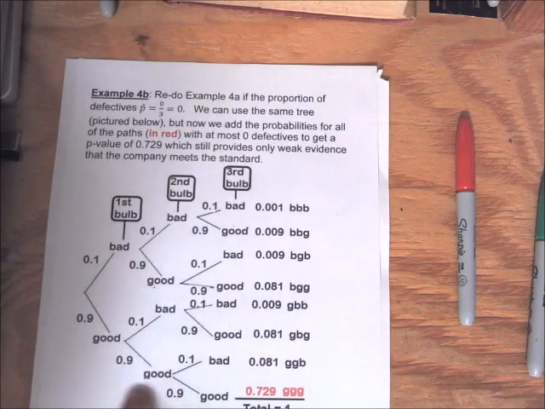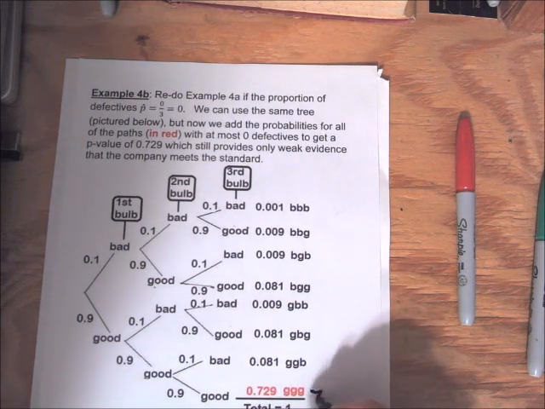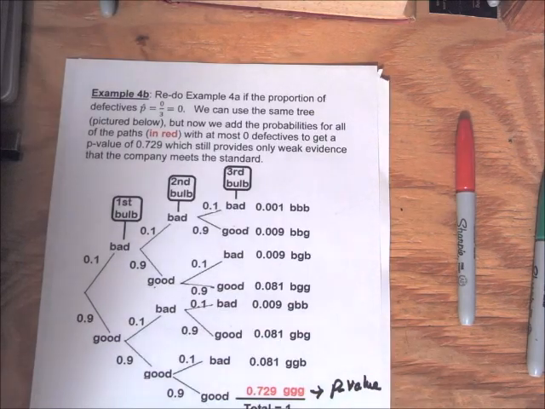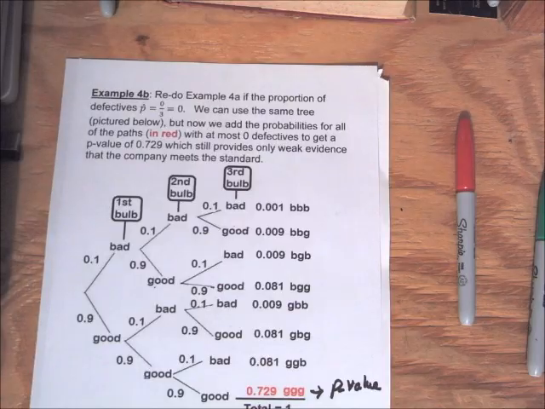Probability 0.9 times 0.9 times 0.9 is 0.729. So that's going to be our p-value. It's still more than alpha, so it's still not enough evidence to reject H0.